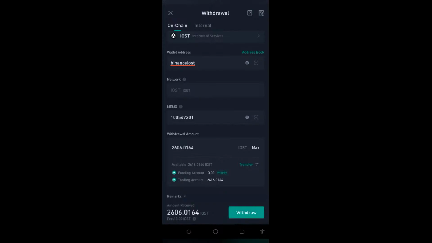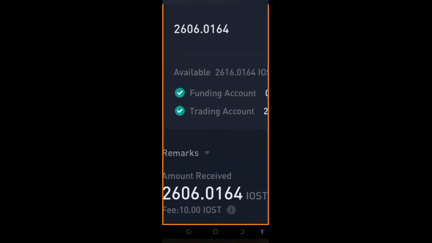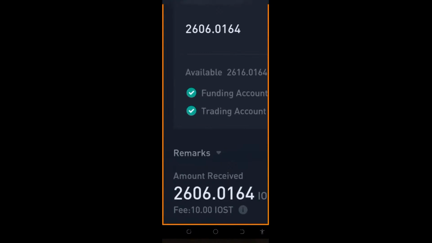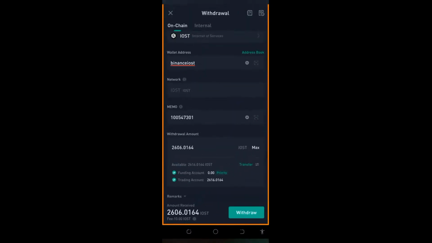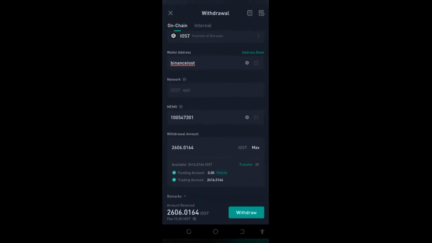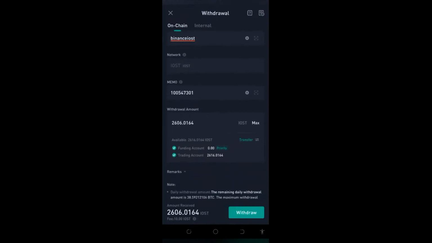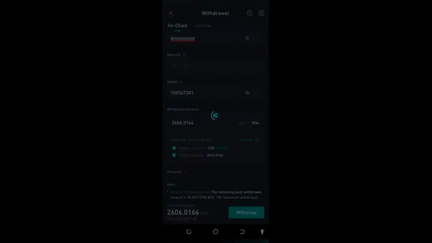So what we get is 2606. Remember that there's going to be a withdrawal fee of about 7 cents. It says that the fee is 10 IOST, which is equivalent to about 7 cents. Okay. So we're going to go over and get this done. All right. So 1 to go. Let's withdraw. Okay. Withdraw.